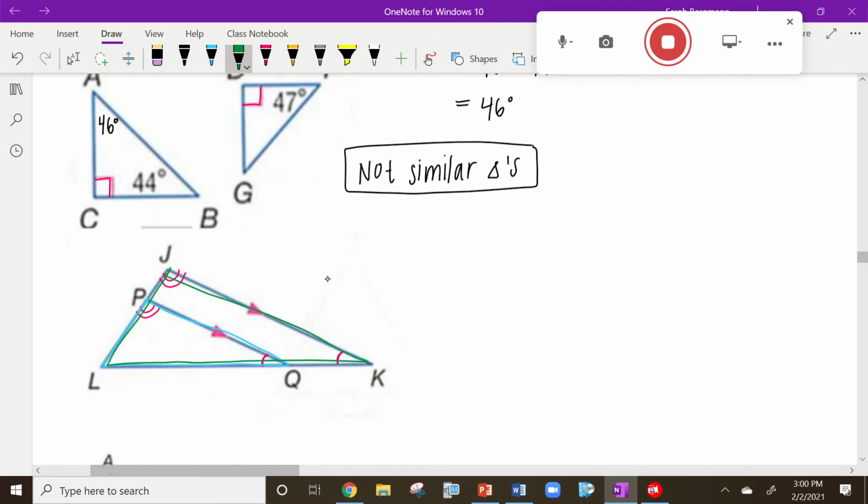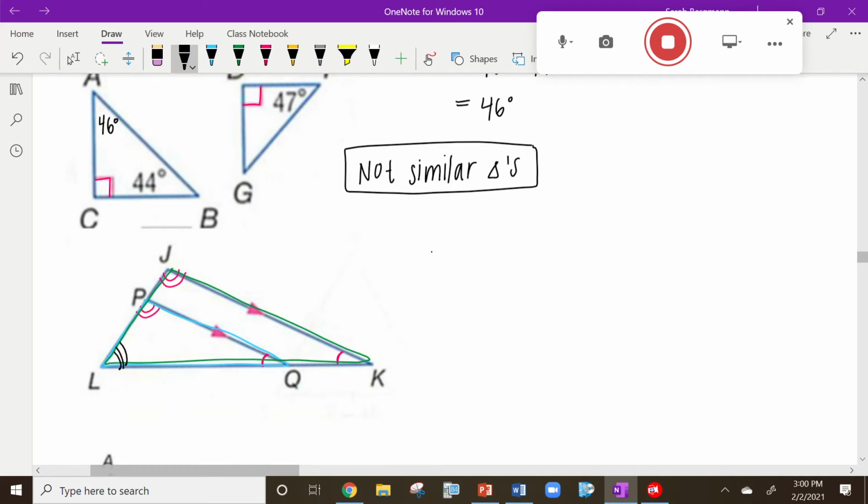I have two pairs of congruent angles so far, and if you wanted, there's actually another option. I also know angle L is congruent to itself because of the reflexive property.